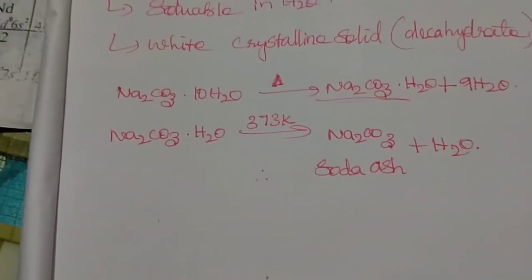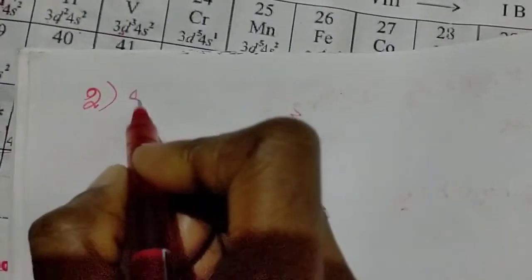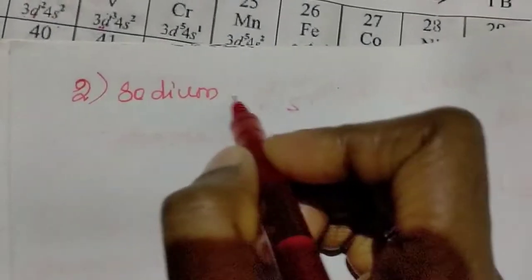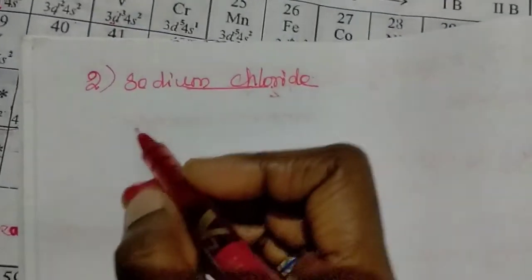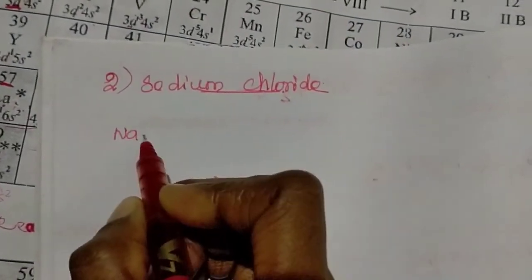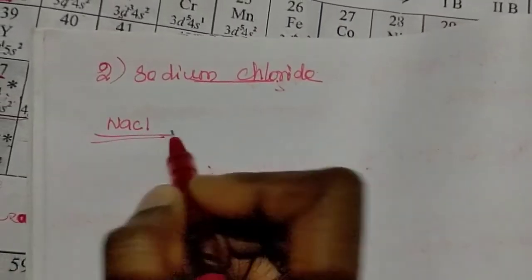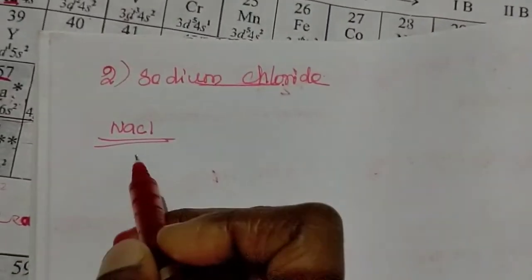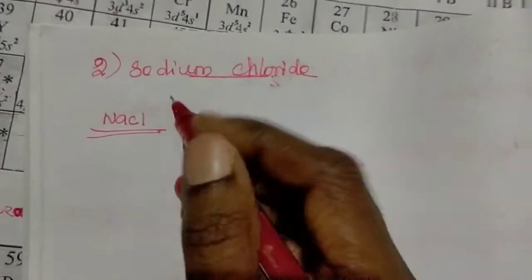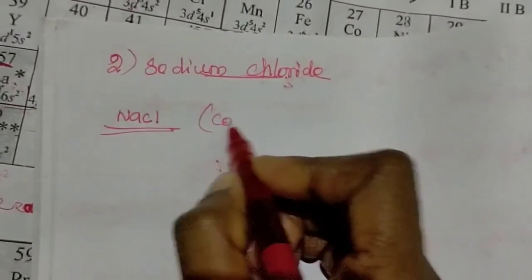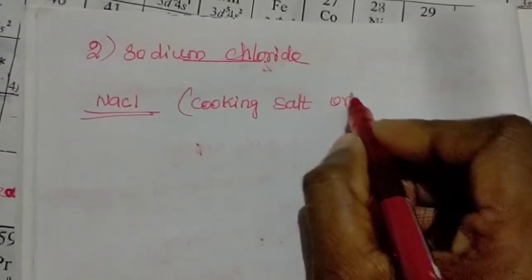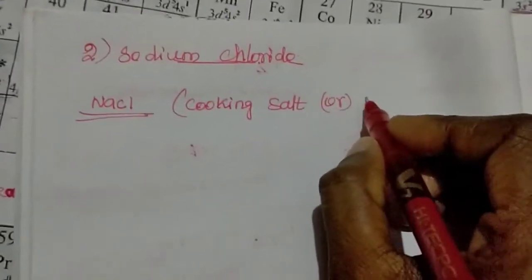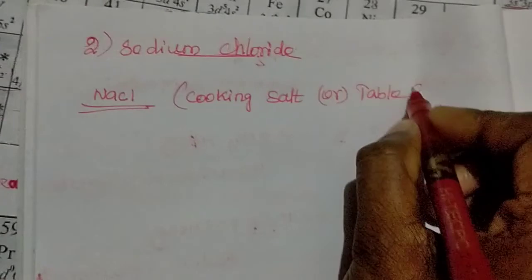The next compound is sodium chloride. The chemical composition of sodium chloride is NaCl, and the common name is cooking salt, or another name, table salt.